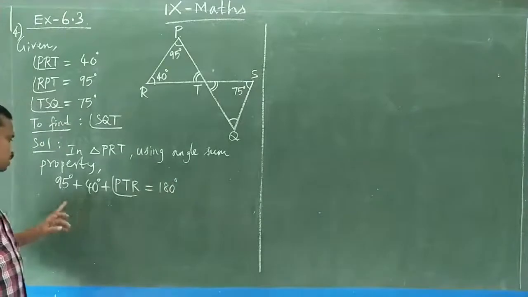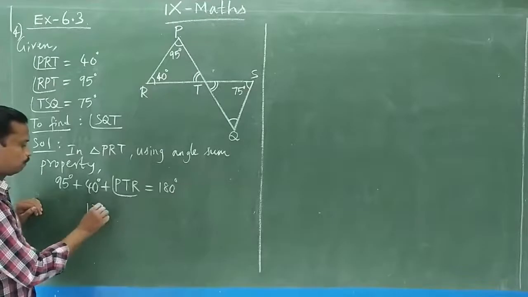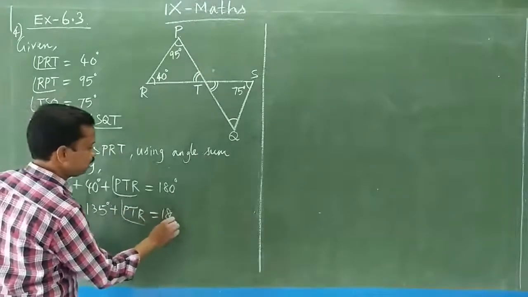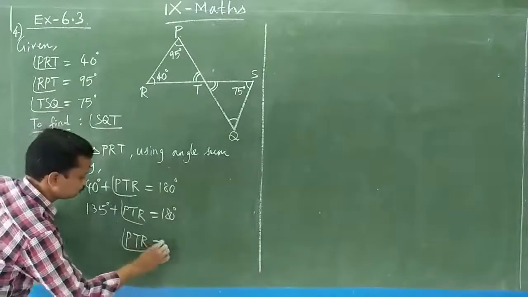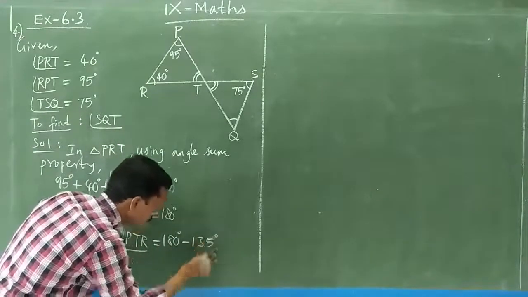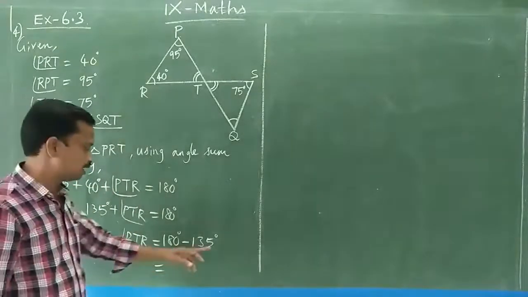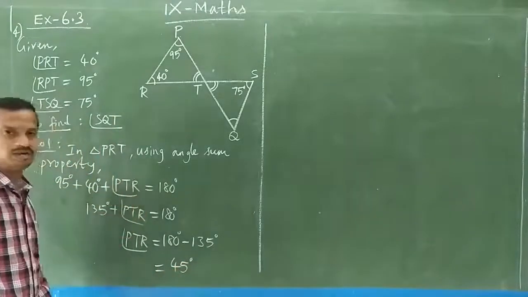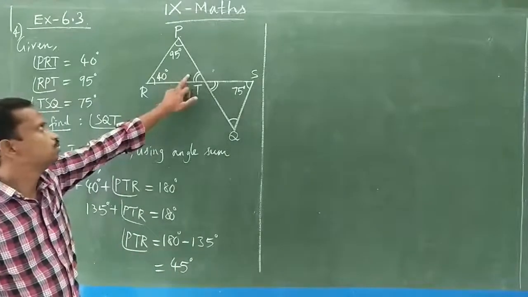And now these two if you add, what do you get? 135 plus angle PTR is equal to 180 degree, and angle PTR is equal to 180 degree minus 135 degree. So we can easily find 180 minus 135, which is 45 degree. Am I right? So now we found angle PTR.